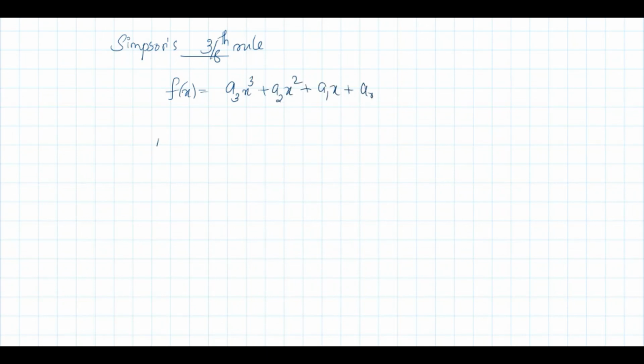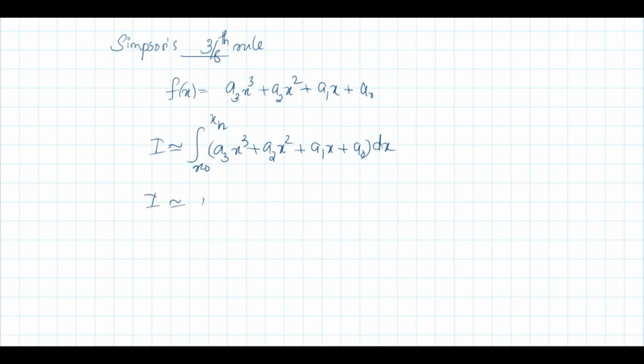the numerical integration. And now, what is Simpson's 3/8 rule? Here you are approximating this f of x with a cubic polynomial. Then when you replace the original function with a3x cube plus a2x square plus a1x plus a0 into dx, you can easily evaluate this integral.